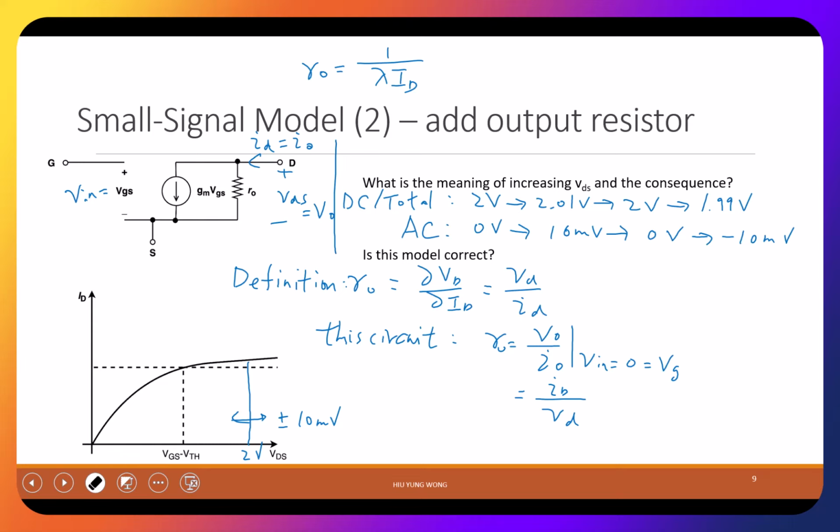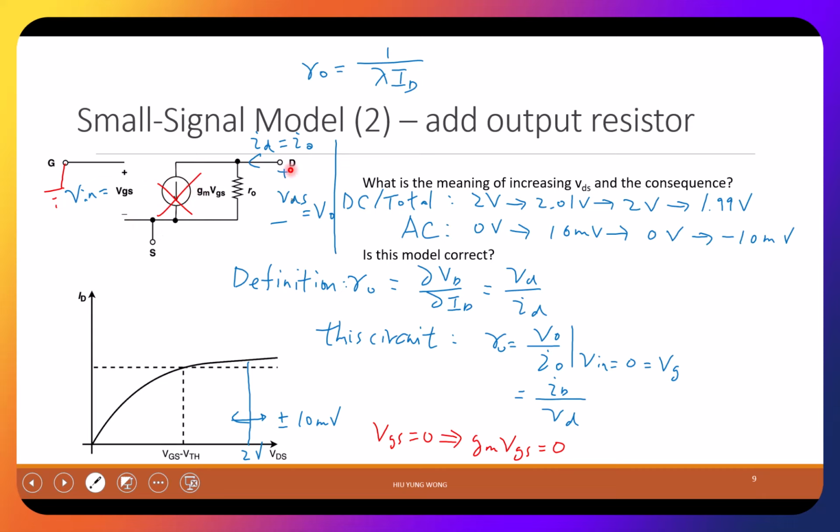When VGS equals 0, that implies gm VGS equals 0. Basically, I don't have this component when I ground this one. When VGS equals 0, I don't have current, so the whole thing is gone, right?